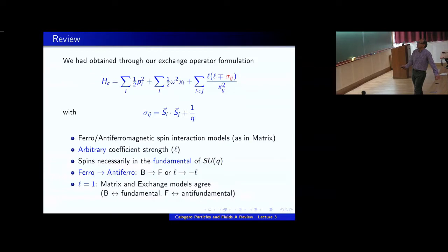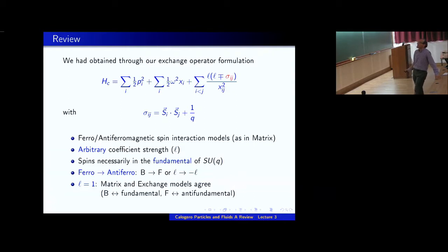This sigma ij is the spin exchange operator, and by spin, I remind you that what I mean is SU(Q) degrees of freedom in the fundamental representation. So it doesn't have to be spin half SU(2), it can be SU(Q), but it has to be in the fundamental representation. And the two signs here, ferromagnetic and anti-ferromagnetic, have to do with looking at bosonic or fermionic states of the full model.